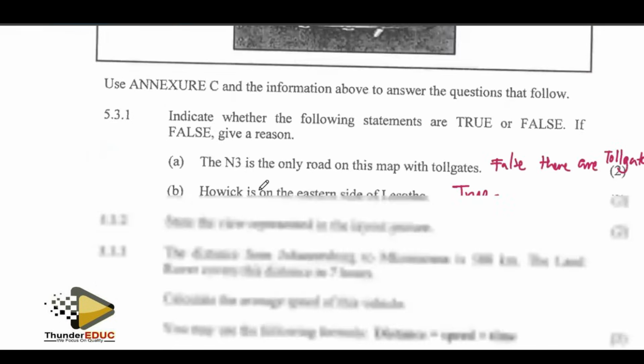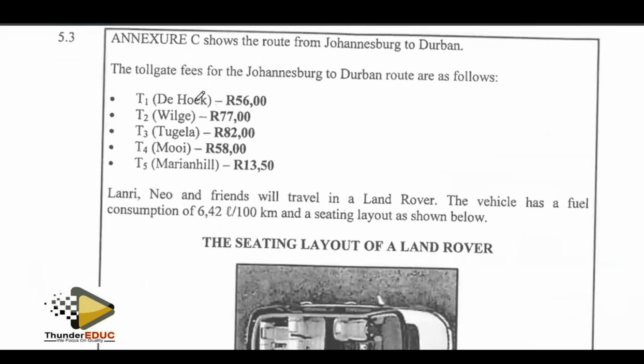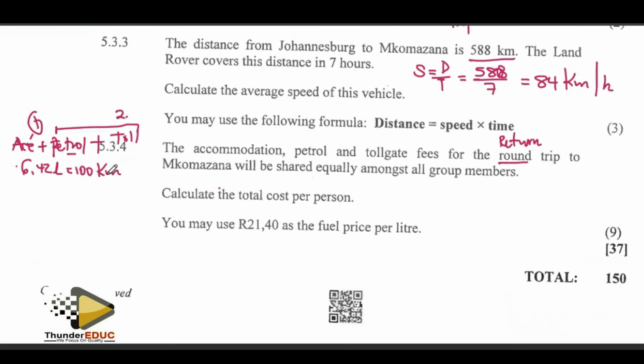So we say 6.42 liters for each 100 kilometers. But we need to know how much distance was covered. So here we shall say how much petrol shall we need.